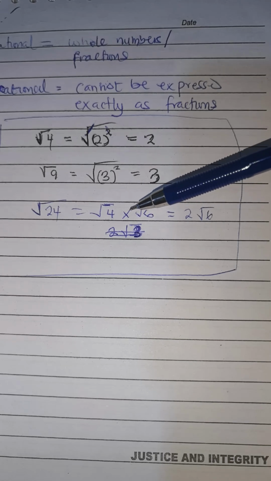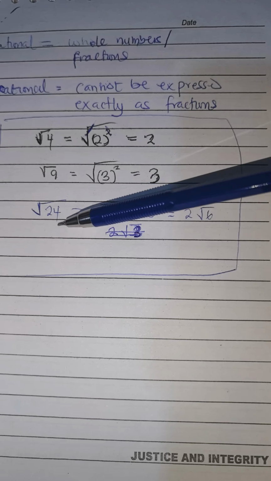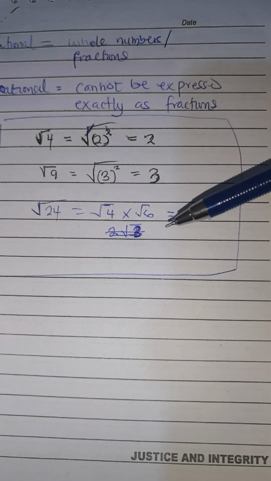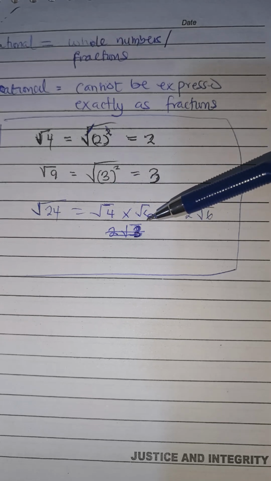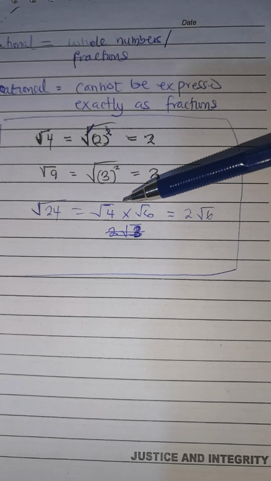We are looking for the two factors that will give us the number under the square root sign. Starting from 24 and 1, or 3 and 8, will not give you the highest perfect square.